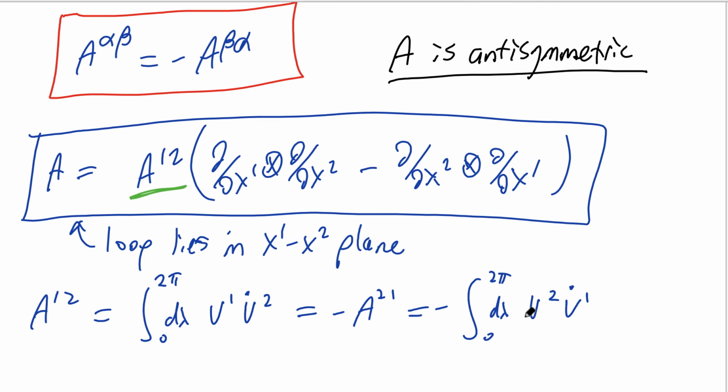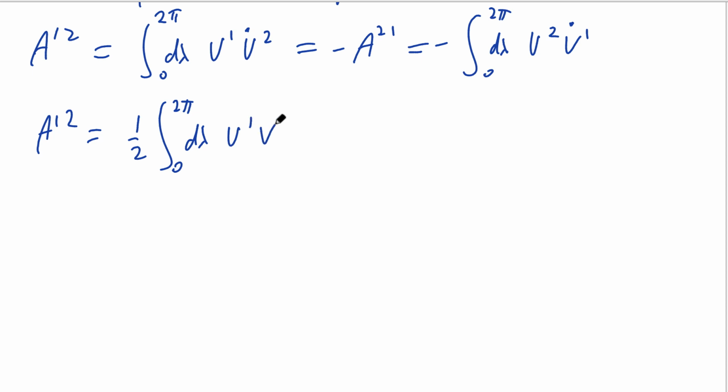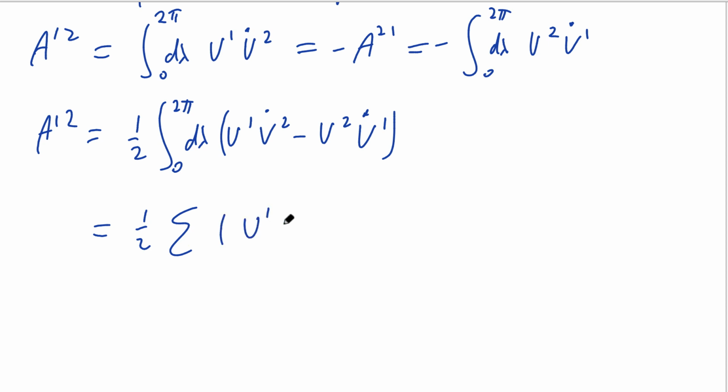So we can use this to write A12 as 1/2 the integral from 0 to 2 pi of V1 V2 dot minus V2 V1 dot. And let me write this schematically as 1/2 sum, so instead of an integral sign I'll just use a sum, of V1 V2 dot d lambda minus V2 V1 dot d lambda.